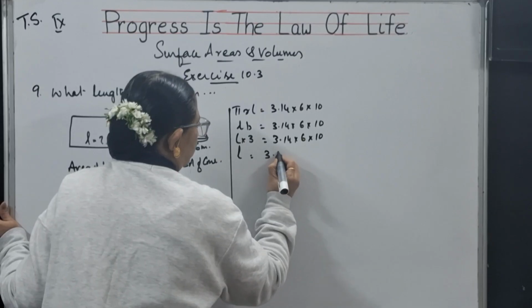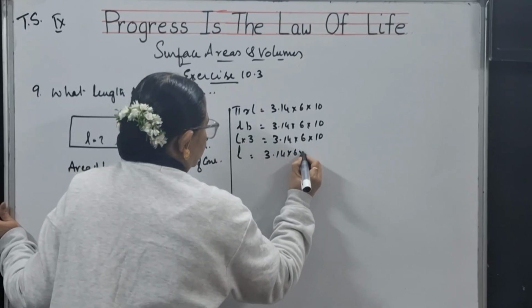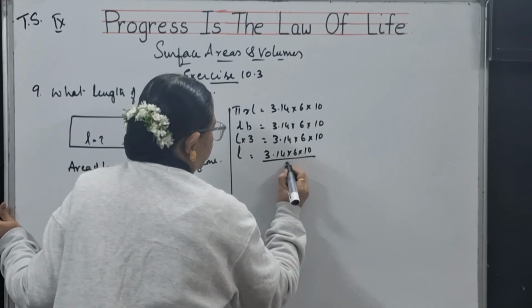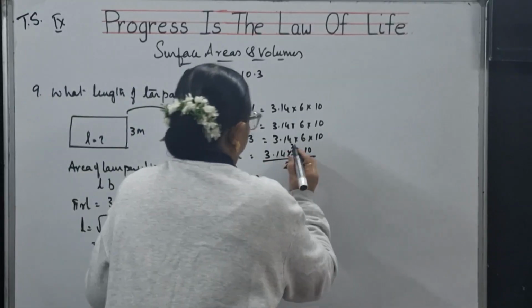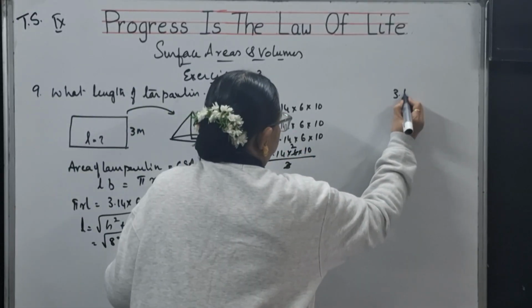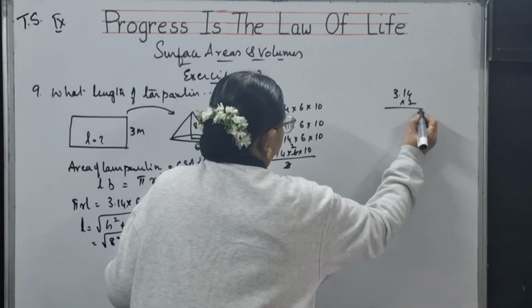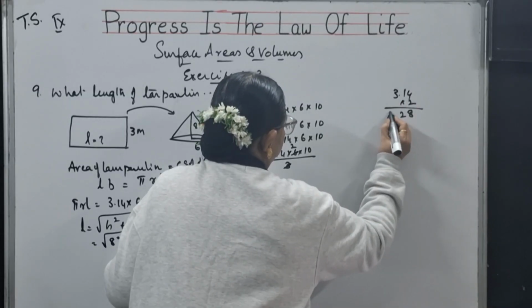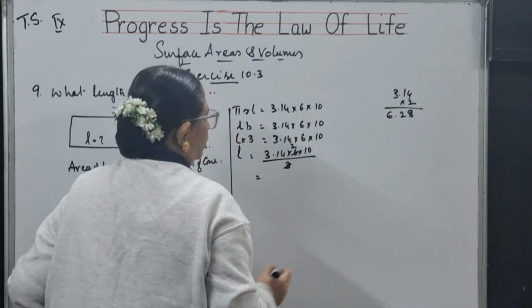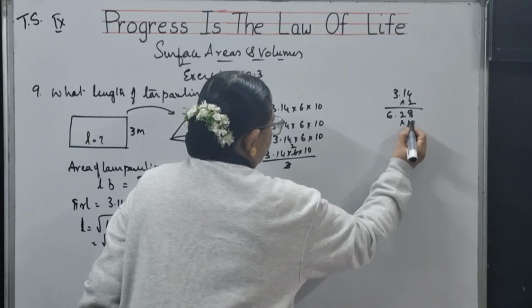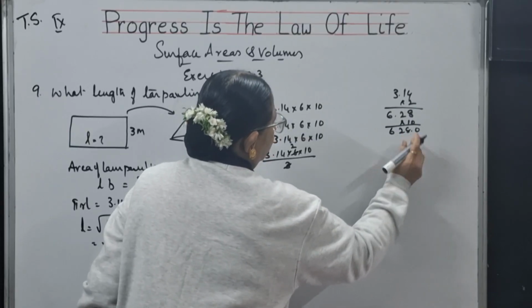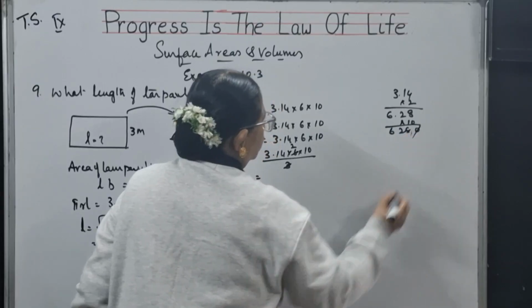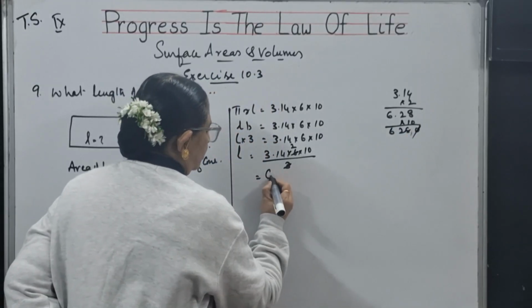This is nothing but 3.14 into 6 into 10 divided by 3. 3 ones are 3, 3 twos are 6. That means 3.14 into 2: 2 fours are 8, 2 ones are 2, 2 threes are 6. 6.28 into 10 is 62.8 you will be getting.